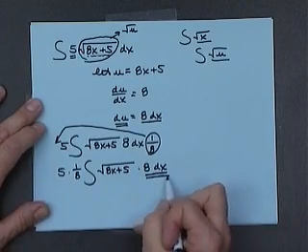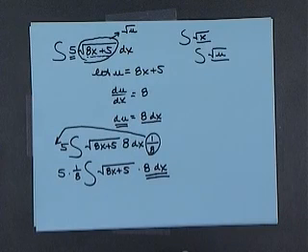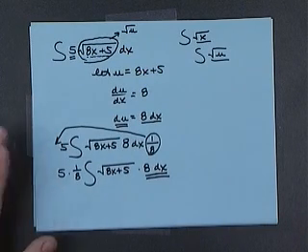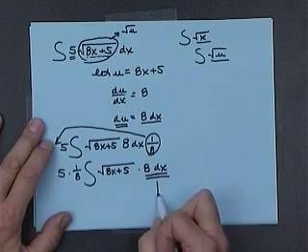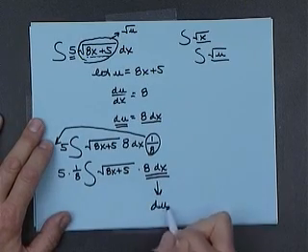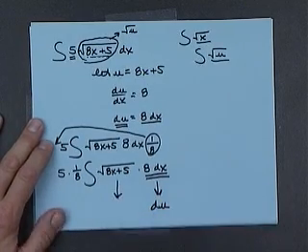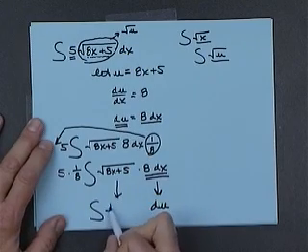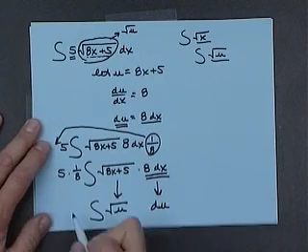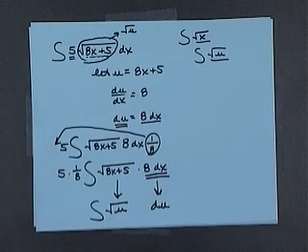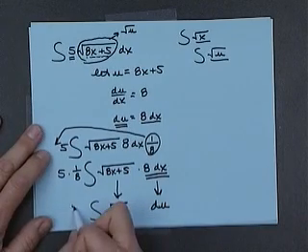Now that we have an 8 and a dx, what is 8 times dx? That's du, and that's the purpose. So here's du. What is this guy? That's the square root of u. And then we're stuck with some baggage out in front, but that happens in a lot of these problems.